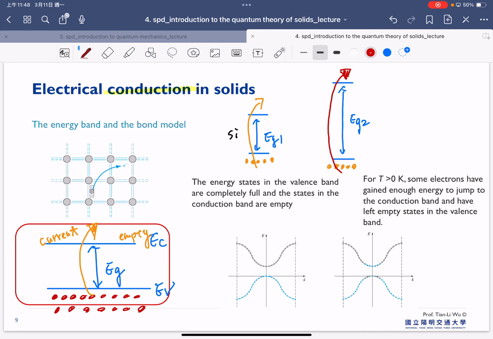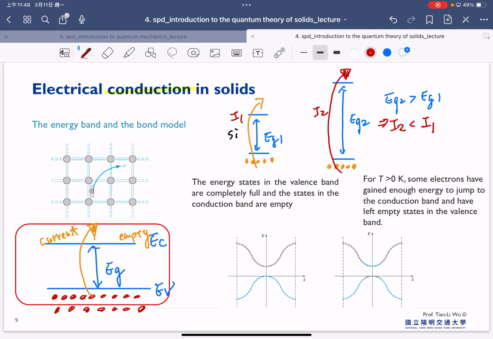And that becomes difficult, right? Because as you see from the drawing, your EG2 is already larger than EG1. So that means your current I2 should be smaller than I1.